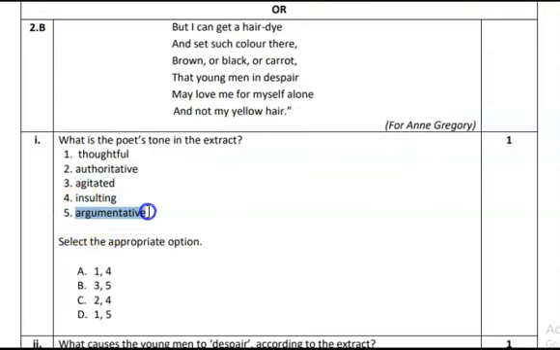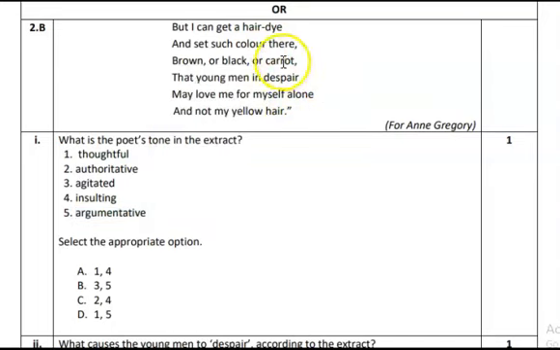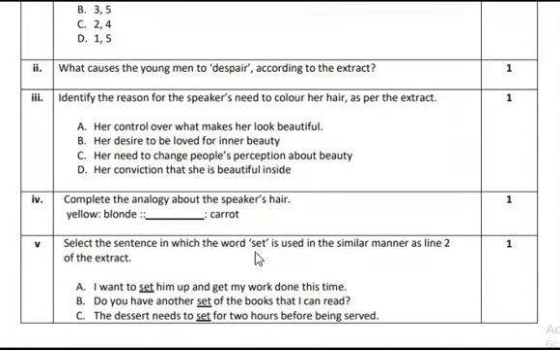The poet is arguing that I can get a hair dye. So when this extract is presented, the speaker is arguing. So argumentative and agitated, 3 and 5, will be your correct answer. That means B. Look at question number 2. What causes the young man to despair according to the extract?